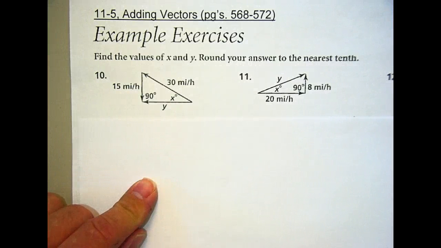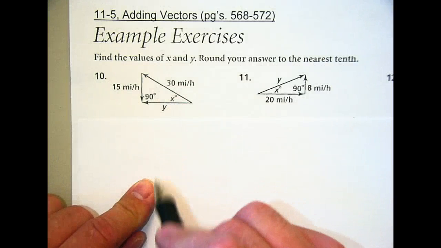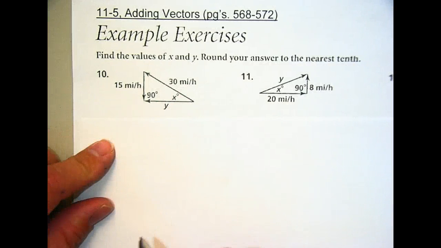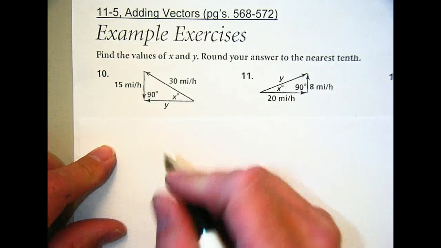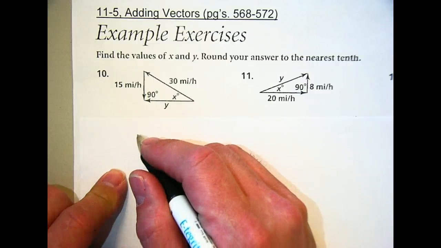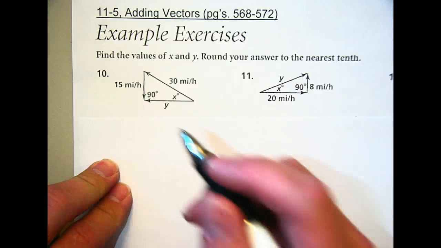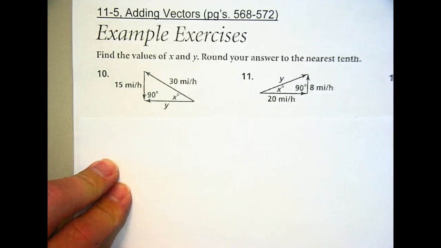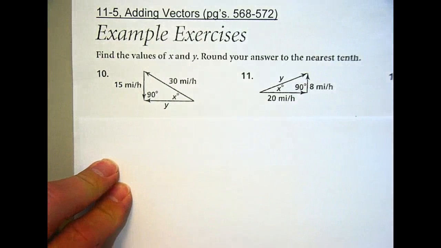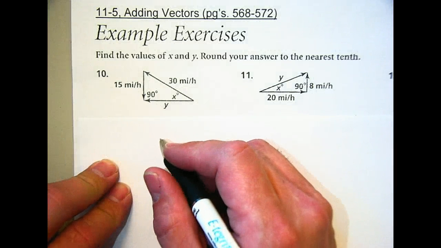Let's go. Mitch, what do you got for y? How am I going to find it, Mitch? You're going to use... All right, hold on. We'll go on. Number 22, that's Brianna. Bree, how are you going to find y? The Pythagorean Theorem.